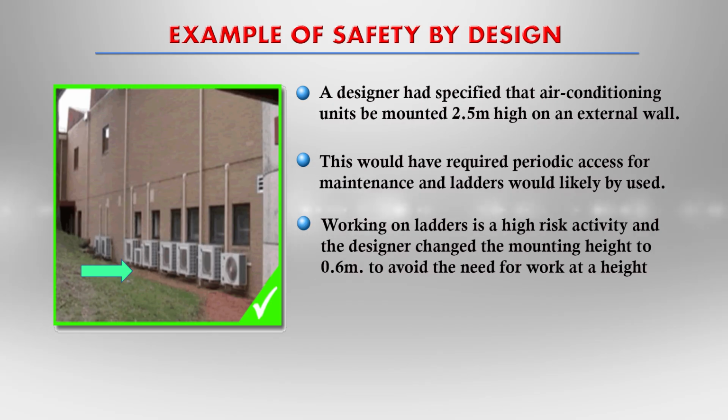Working on ladders is a high risk activity, and the designer changed the mounting height to 0.6 meter to avoid the need for work at height. You can very well see that this mounting has been brought down to the working height of 0.6 meter. Therefore, the designer has avoided the maintenance at a height of more than 2.5 meters.